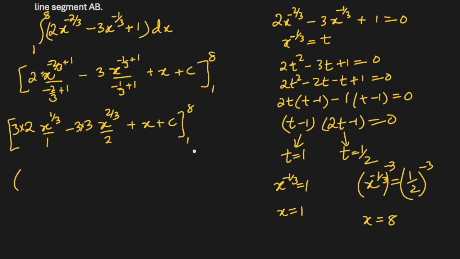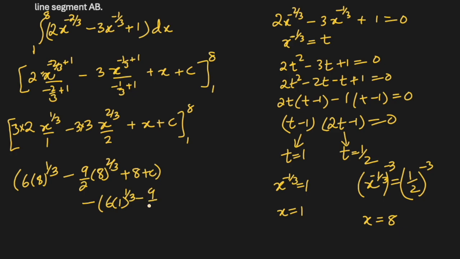So now I'll substitute 8 and 1 and simplify this also. It becomes 6x to the power 1/3, right? So I will write 6 times 8 to the power 1/3, because 8 is what I'm replacing here, minus 9 over 2 times 8 to the power 2/3 plus 8 plus c, minus, I substitute 1 now, 6 times 1 to the power 1/3 minus 9 over 2, and actually, yes, it's positive, plus 1, plus c.